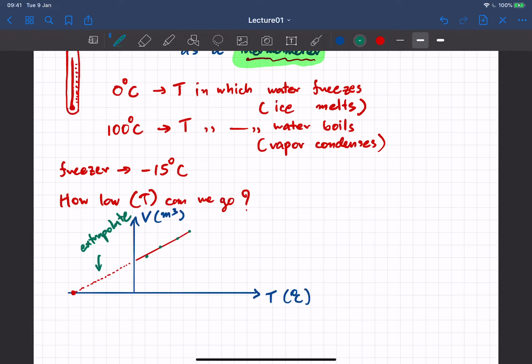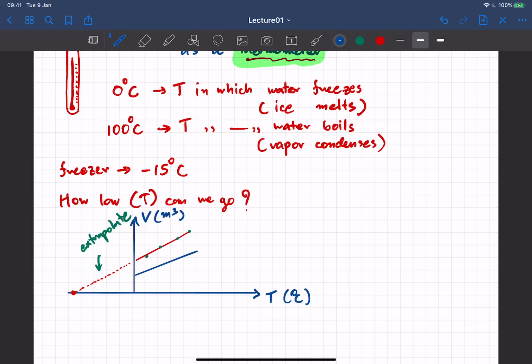Okay, and you can choose a different kind of gas, and interestingly they all go to 0 at the same temperature. If you have another type of gas, maybe this one you use oxygen and then you use nitrogen, you're going to have another curve that looks something like this.